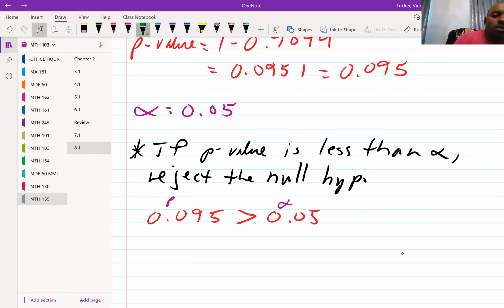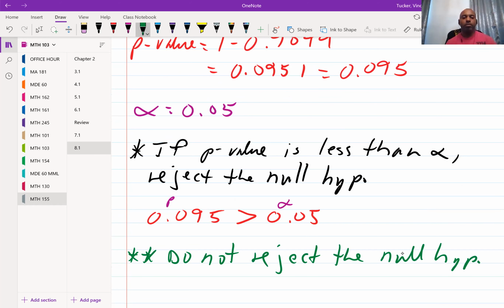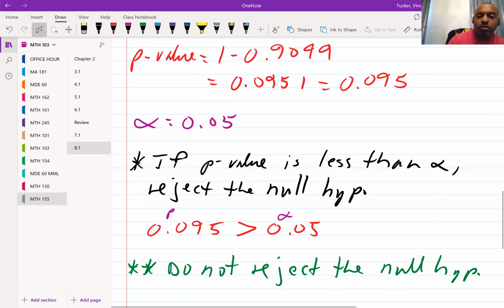So conclusion: we're not going to reject the null hypothesis.